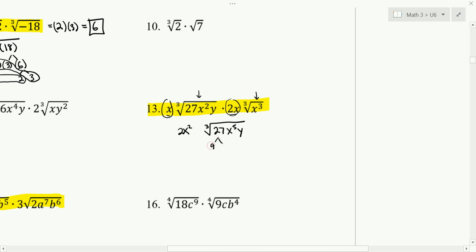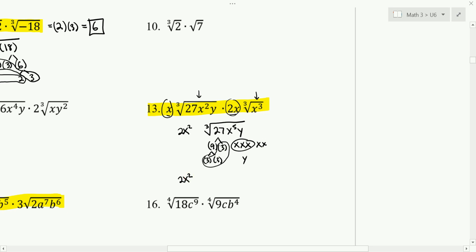27 is 9 times 3, and 9 is 3 times 3. So we get a set of 3 3s. We got 5 x's and 1 y. And so we already had the 2x squared on the outside.